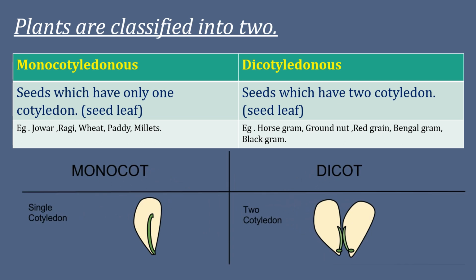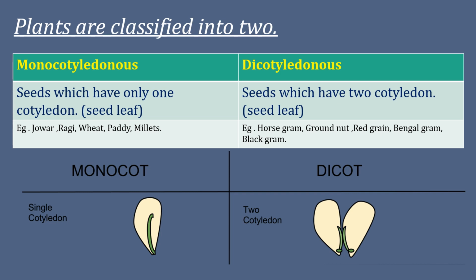Apart from the lifespan, plants are classified into two by the types of seeds they produce. They are monocotyledon and dicotyledon. Monocotyledon seeds have only one cotyledon. It means only one leaf will sprout at the time of germination.